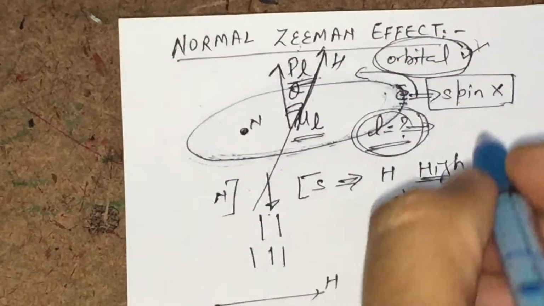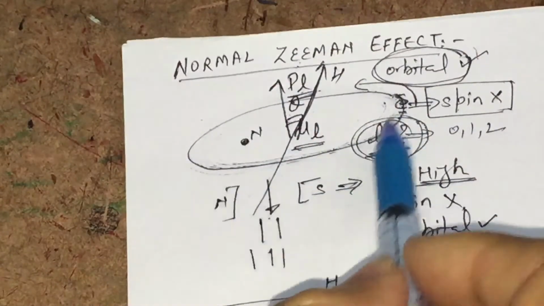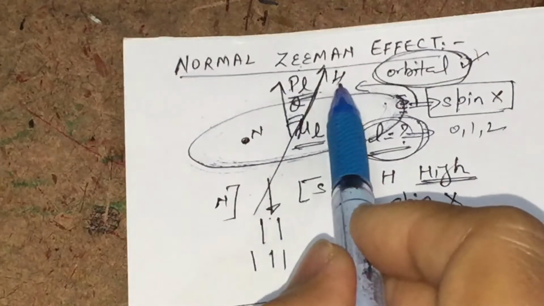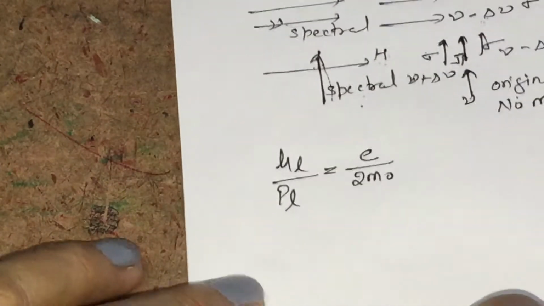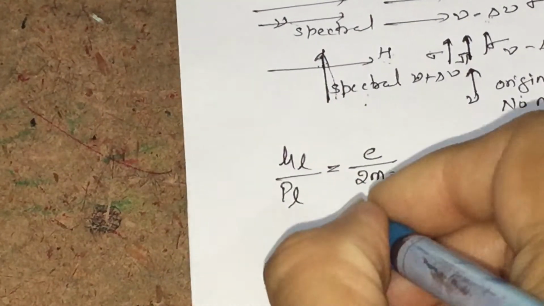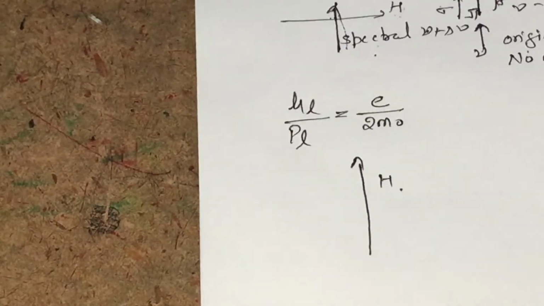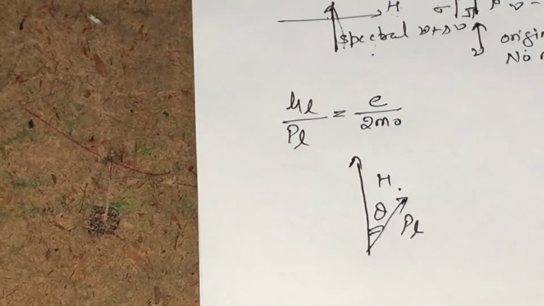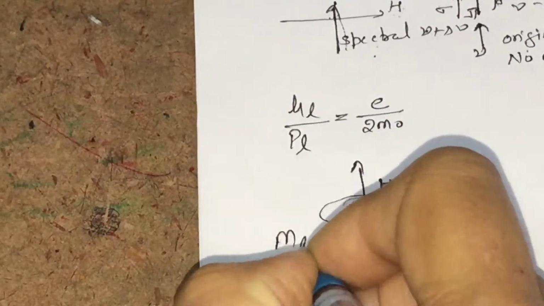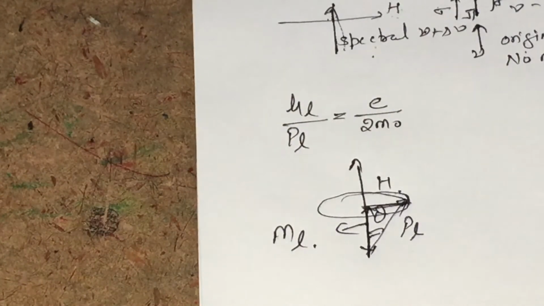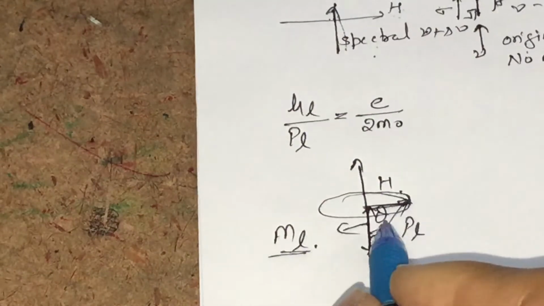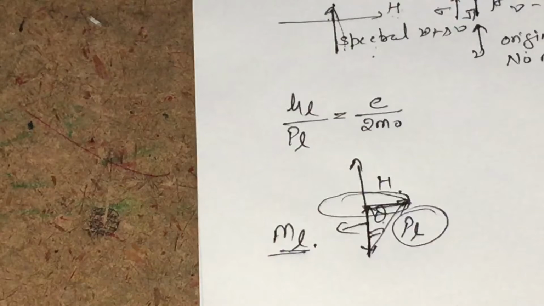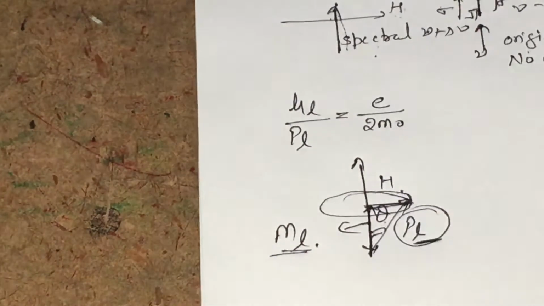If there is a large orbital quantum number, we will get different orientations of angular momentum with respect to H. We studied this when we studied different types of quantum numbers, where we found that when a magnetic field is applied, the angular momentum starts to move around this magnetic field, and the horizontal component is represented by the magnetic orbital quantum number ml, and the value of ml and the value of theta depend upon the different values of our orbital quantum number L.